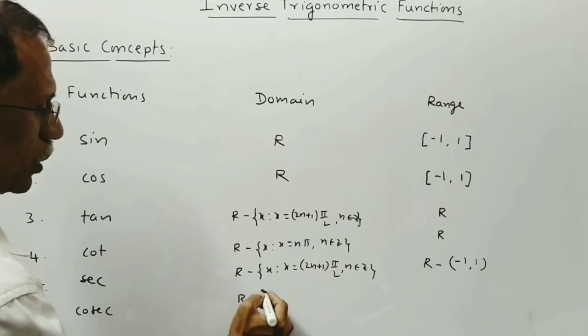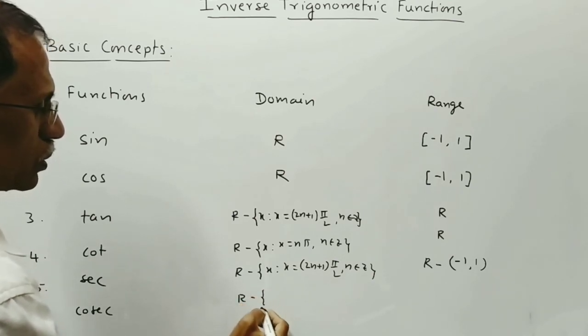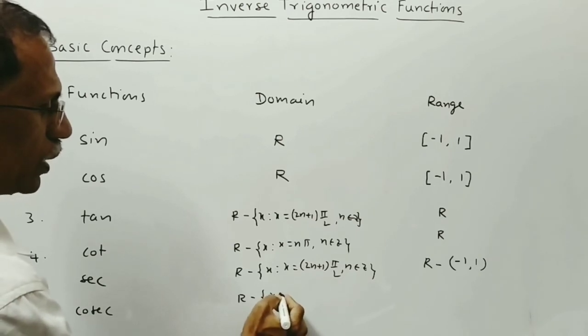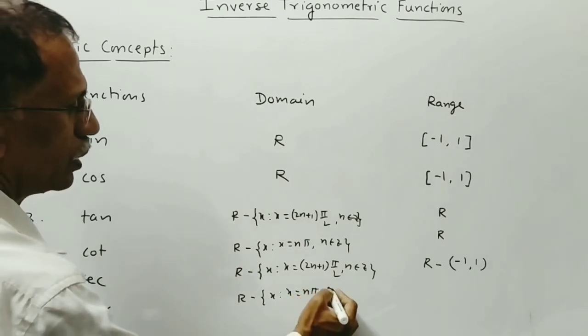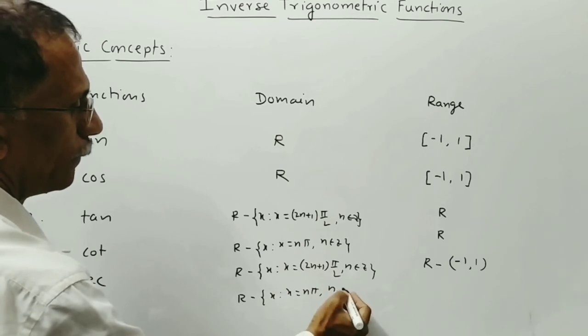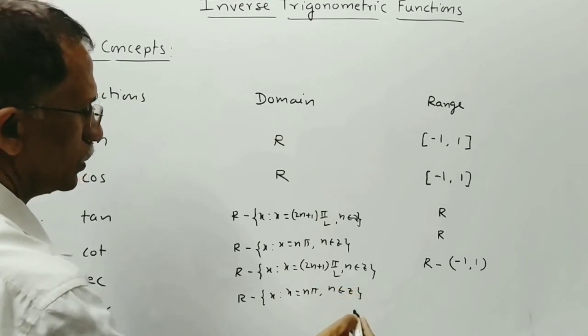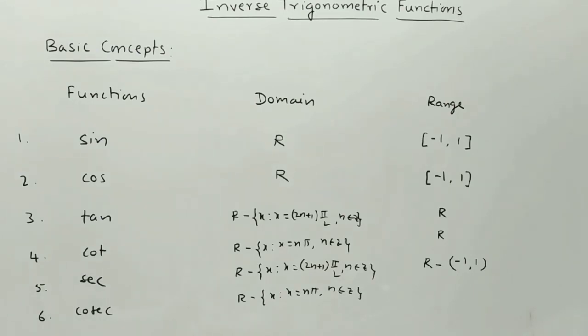Therefore, domain is set of all real numbers minus set of all x such that x is equal to n pi, n belongs to z. Here cosec pi by 2 is equal to 1.